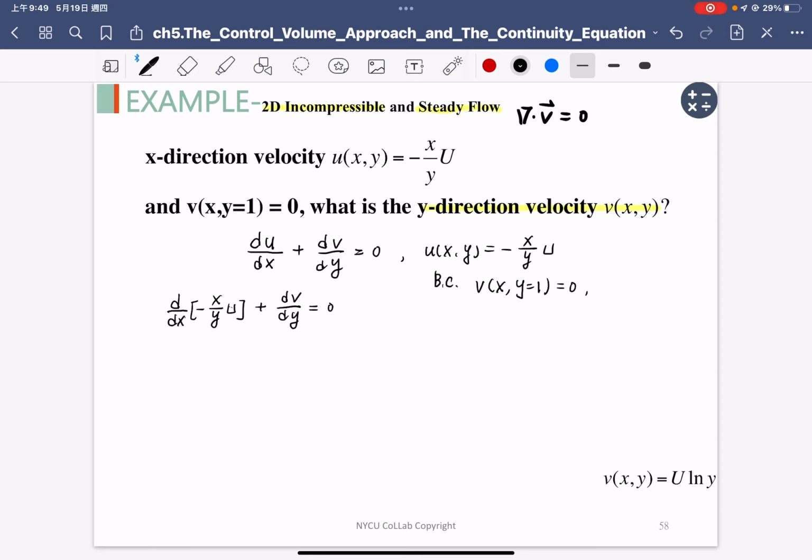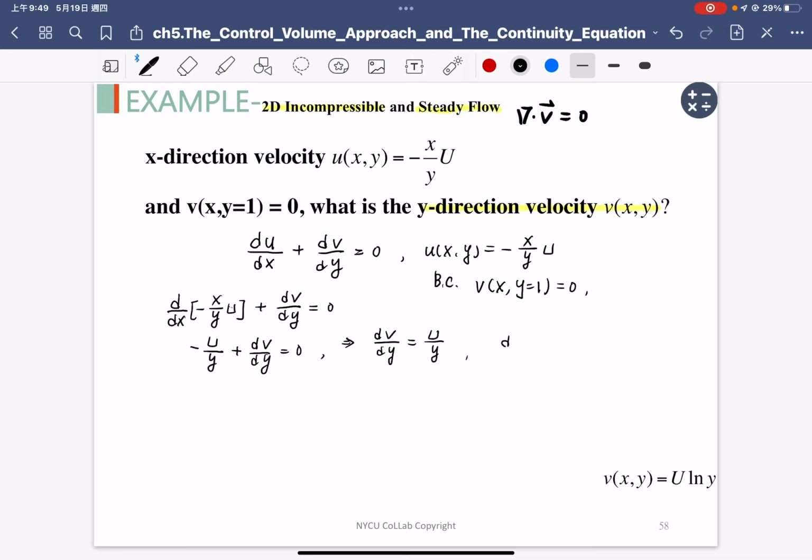So for this function, we take the differential, that will equal minus u divided by y plus the dv dy will equal 0. So the dv dy is equal to u over y.